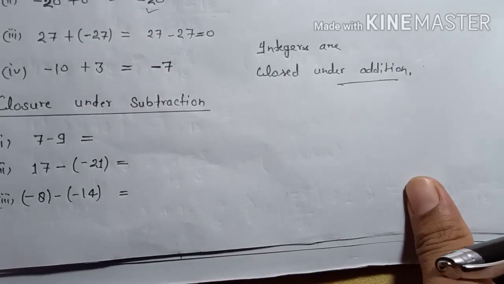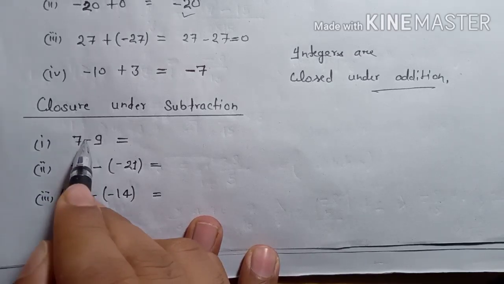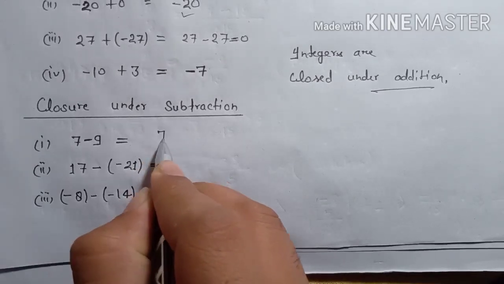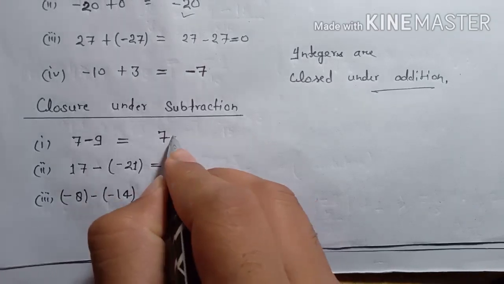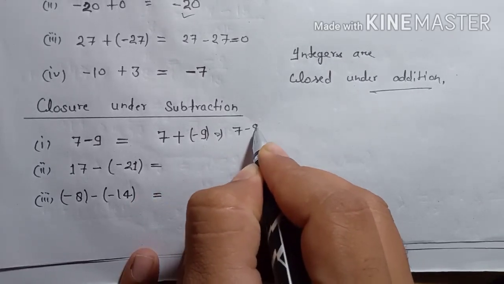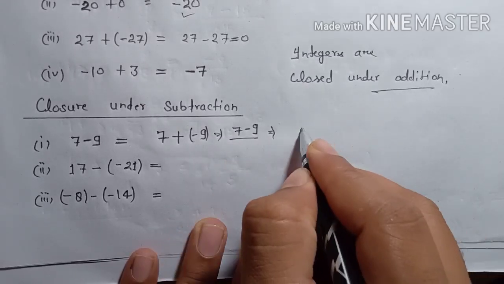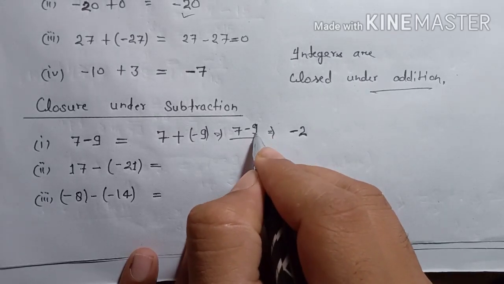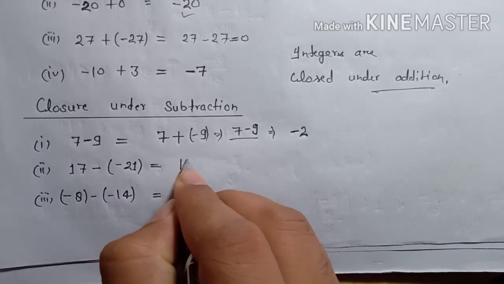And let's check this property for subtraction too. Subtract 9 from 7. If you have to subtract something, there is a simple method. Just add the additive inverse of this 9, that is -9, and the result is 7 minus 9. You know how to do this. And this time subtract 7 from 9, that will be 2, but the sign will be minus here because 9 is greater than 7. And 17 minus 21, so that will be what?